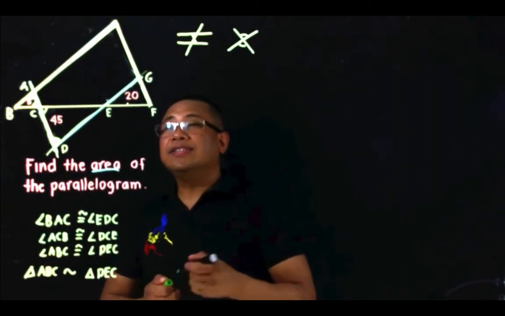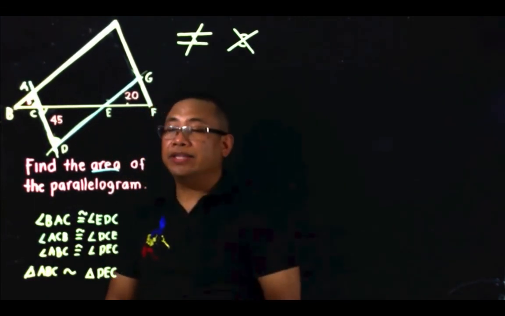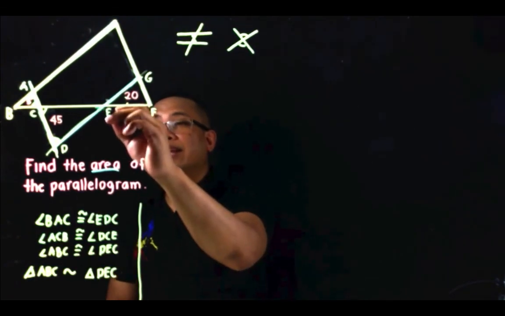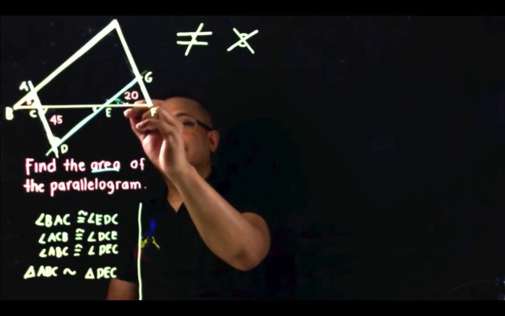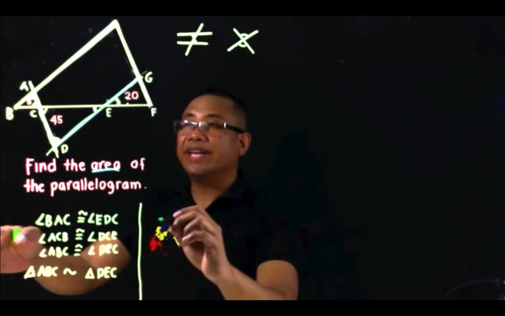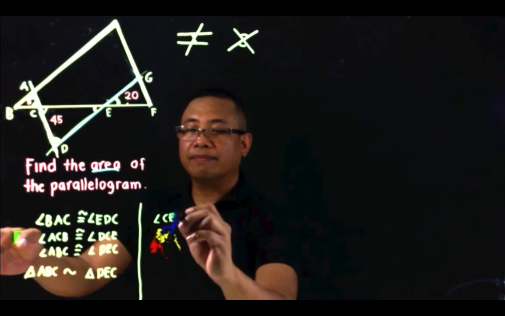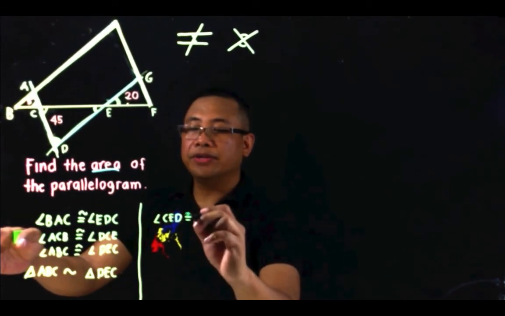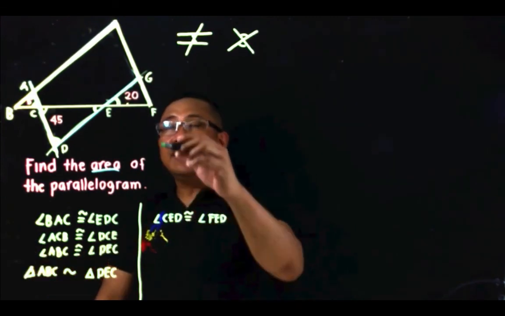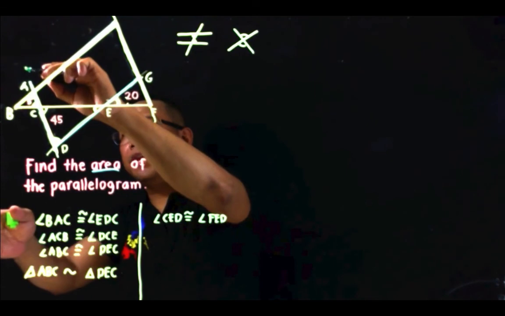Now, let's consider these 2 triangles with an area of 45 and 20 respectively. For these two triangles, we already know that this angle is equal to this angle by the vertical angle theorem. So we can say that angle CED must be congruent to angle FED. And then let's look at these two parallel sides.